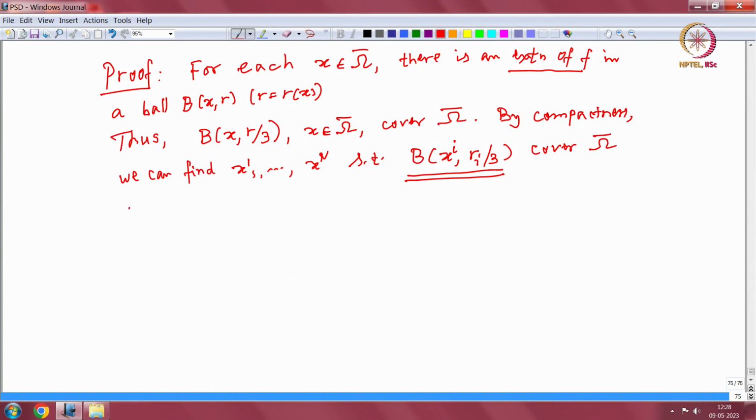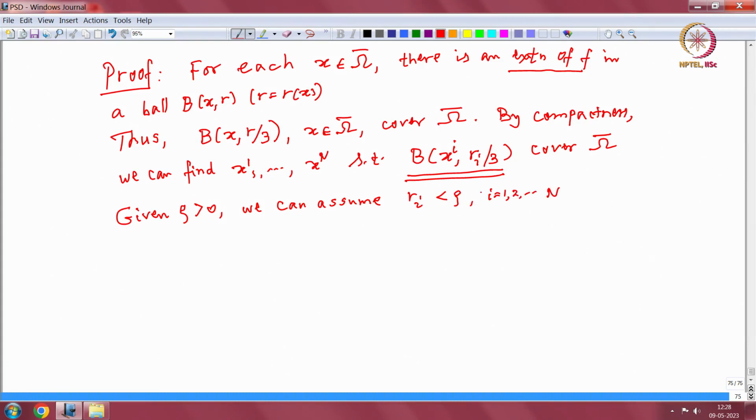And given rho positive, we can assume this ri is less than rho. The smaller the radius, there is no problem at all.